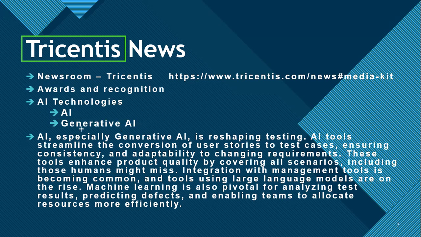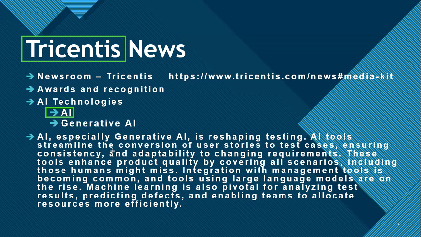What exactly is this AI doing? Even at the automation level, testing the application functionality may take some time. To override that, see here, especially generative AI is reshaping testing. It converts user stories to test cases, ensuring consistency and adaptability to changing requirements.